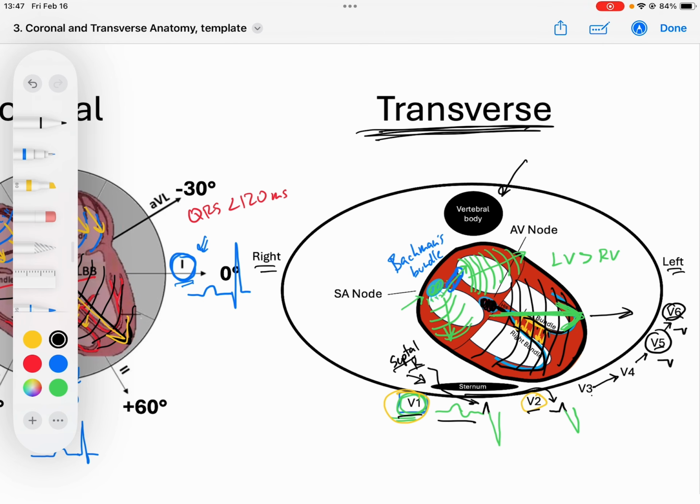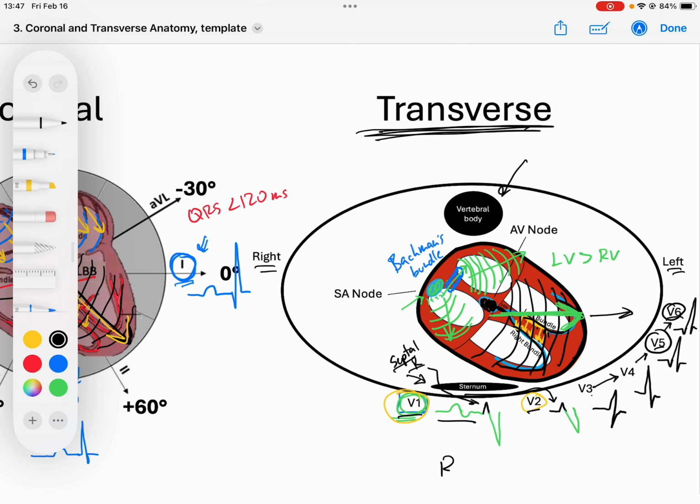And so that positive R wave will continue to grow and grow and grow. In V3, you might have something that's kind of half and half. And then in V4, you might have more positive than negative. In V5 and V6, you will have much more positive than negative.